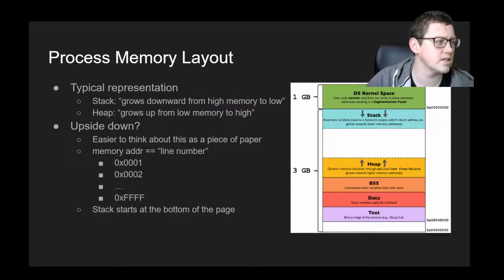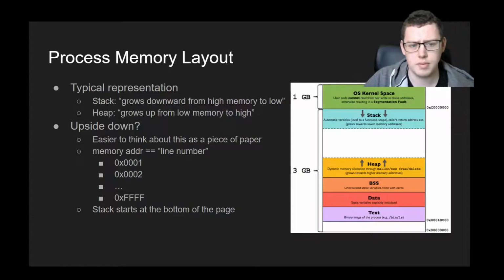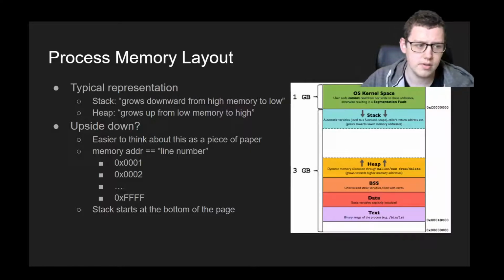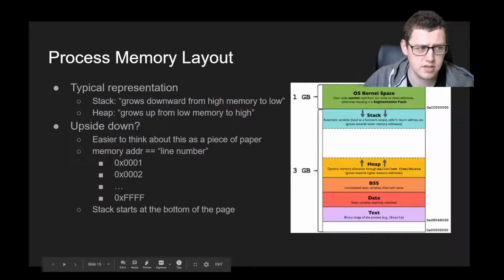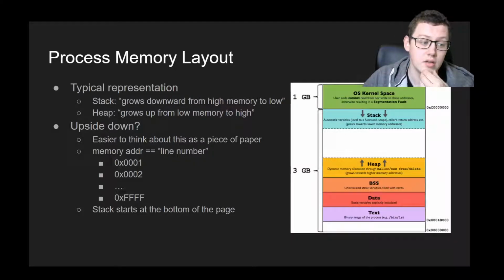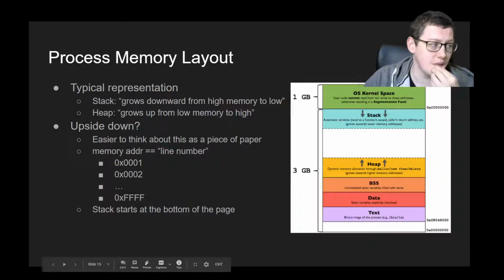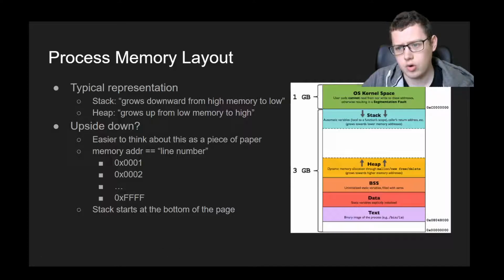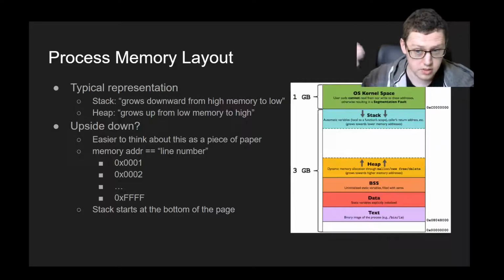Okay, so process memory layout. This picture is a pretty standard representation of process memory layout. It starts at the high memory addresses and goes down to the low memory addresses. This is something really important to note. As before, I mentioned that a stack builds up on top of each other.